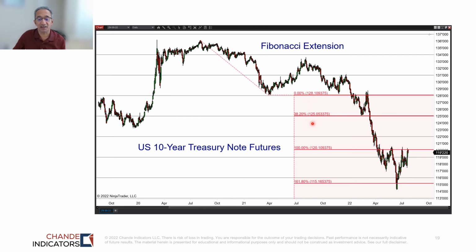And when I project that range out, 38%, 100%, and 161.8%, what do you see? You see some support in this area, then again resistance in this area, and support in this area. So that's an example of how the extension of Fibonacci ratios can be used to predict ahead of time potential regions of resistance and support.